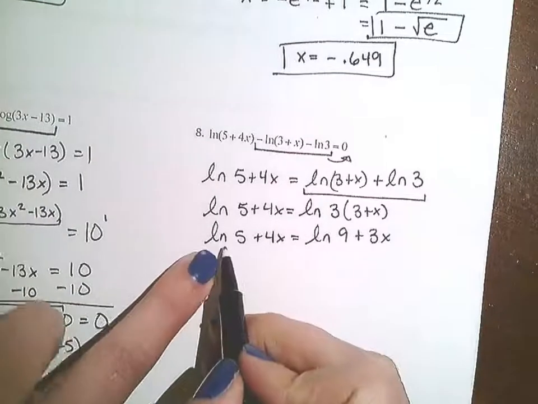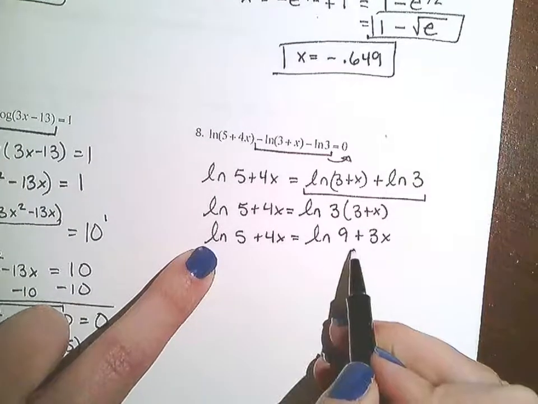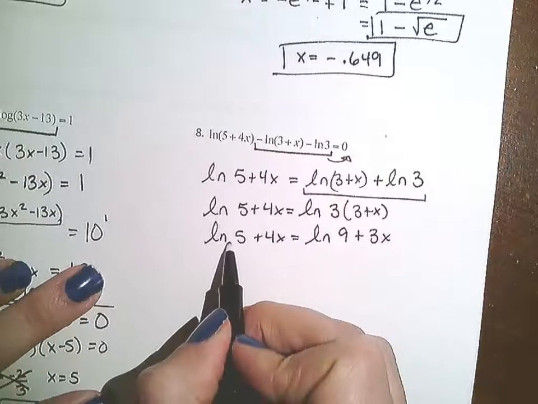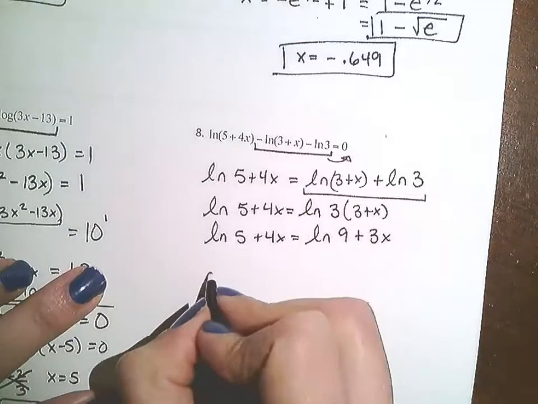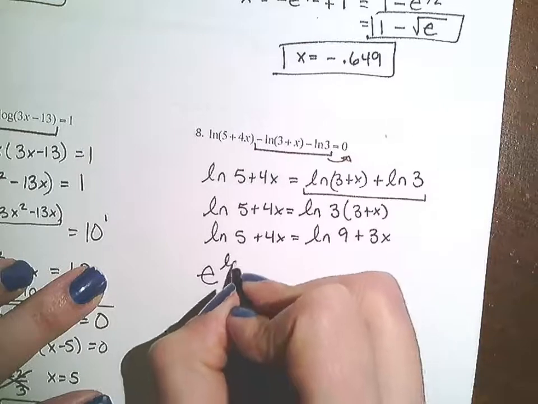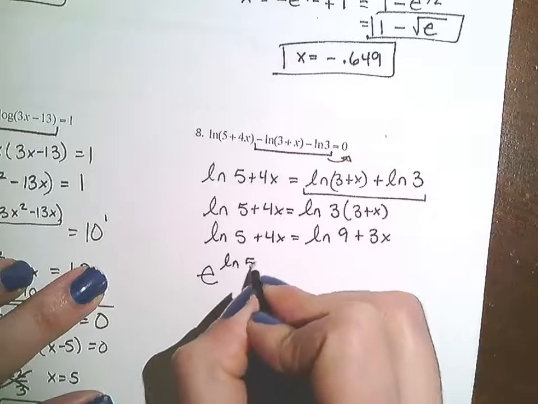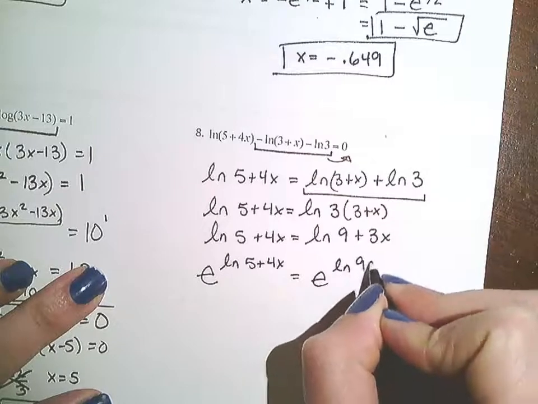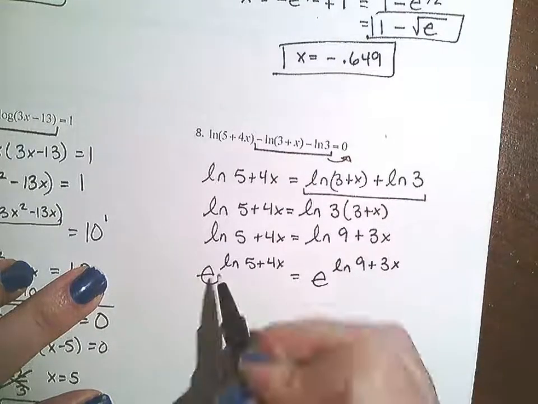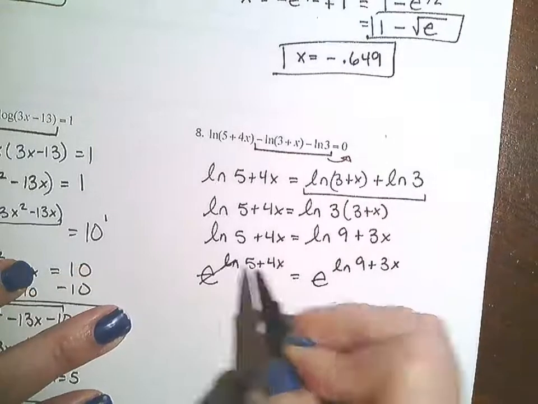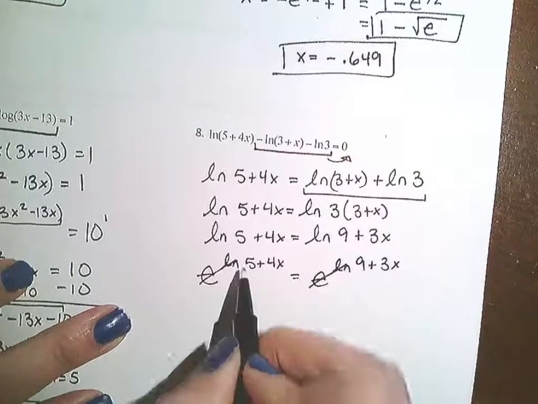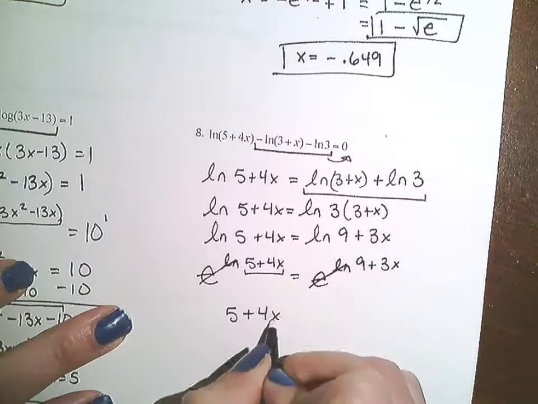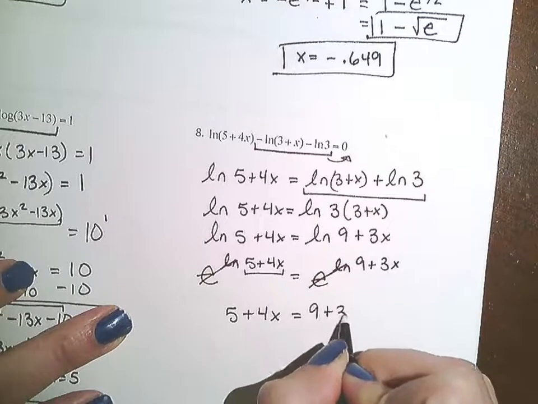And now because we have ln on this side and ln on this side, then basically I can use the base, which is e, for both. So e to the ln of 5 plus 4x equals e to the ln of 9 plus 3x. And guess what happens to e to the ln? They're gone, because my answer is just going to be my k, which is 5 plus 4x equals 9 plus 3x.